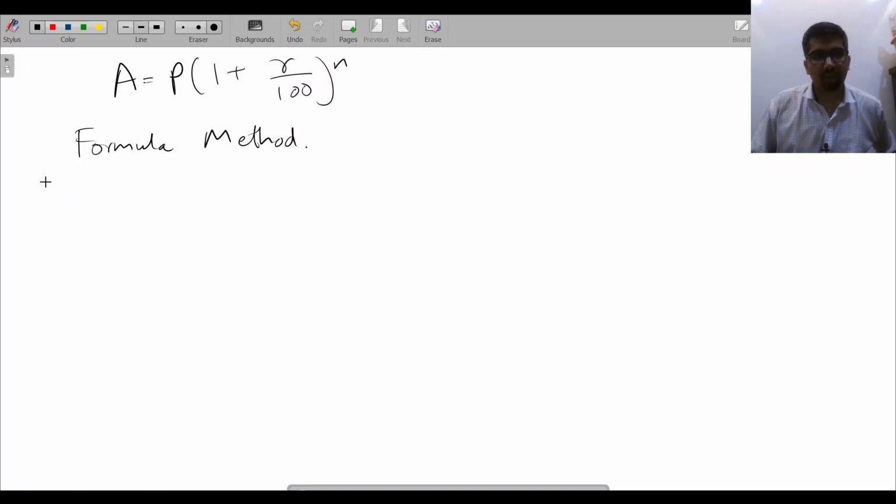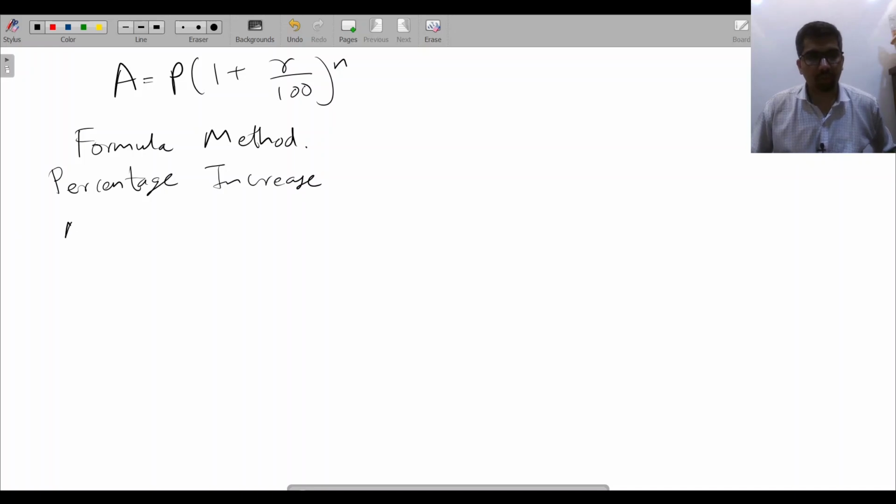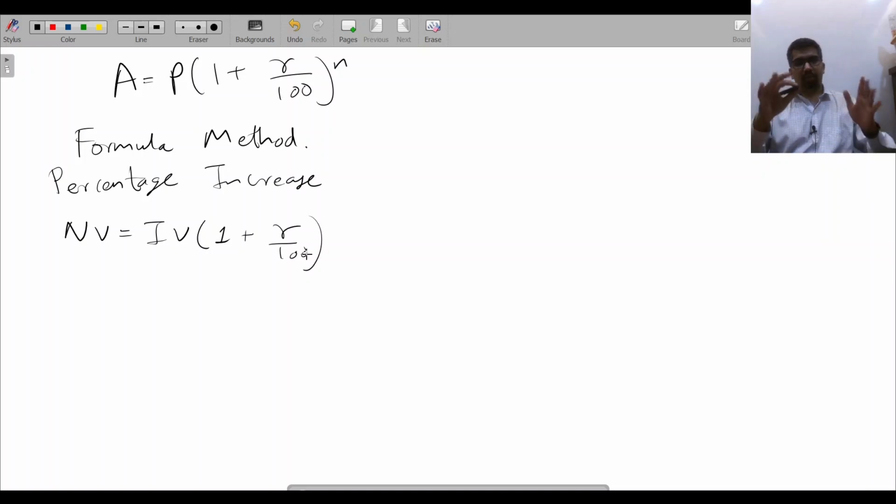Suppose the question is percentage increase. Then the formula is new value equals initial value times bracket 1 plus R upon 100.